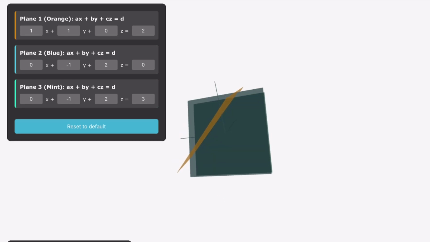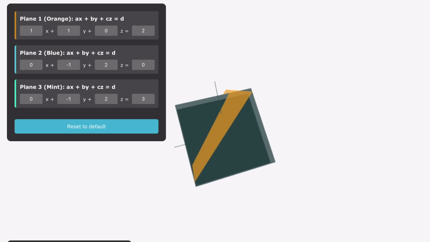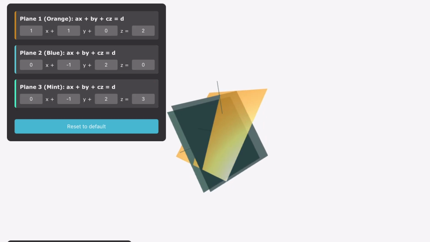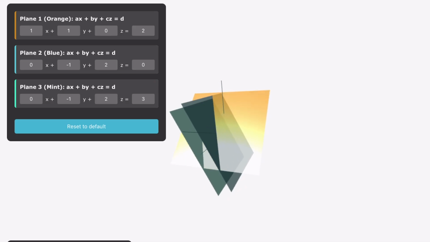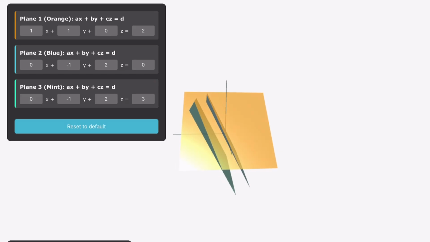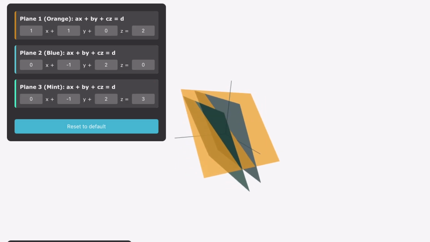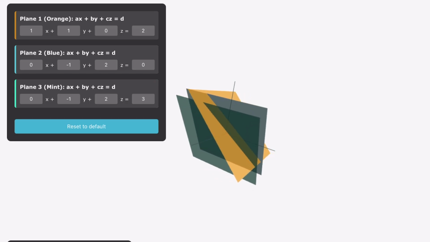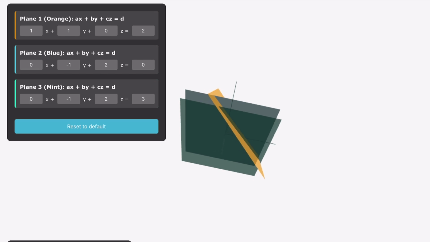Now we can also have the case in which two or more planes are parallel. So in this case, two of the three planes are parallel. Because they are parallel, none of their points intersect. And for this reason, with or without this third orange plane, we would have no solution at all. So no point lies within all three of these planes, or even just the two planes, plane 2 and plane 3.